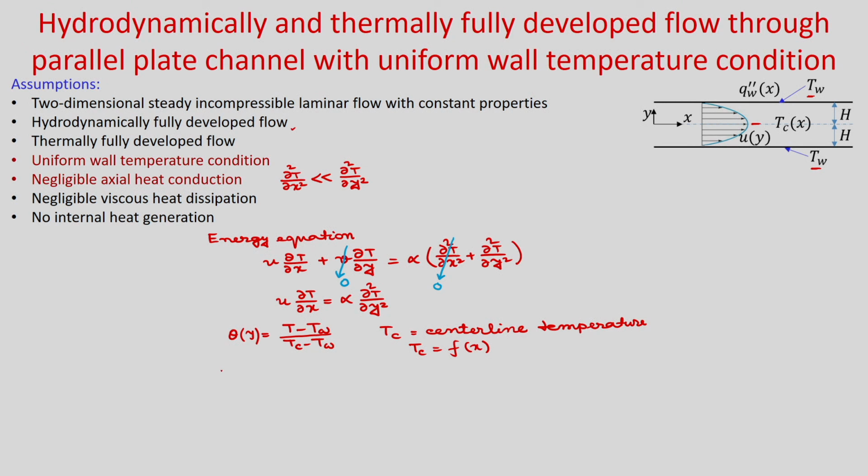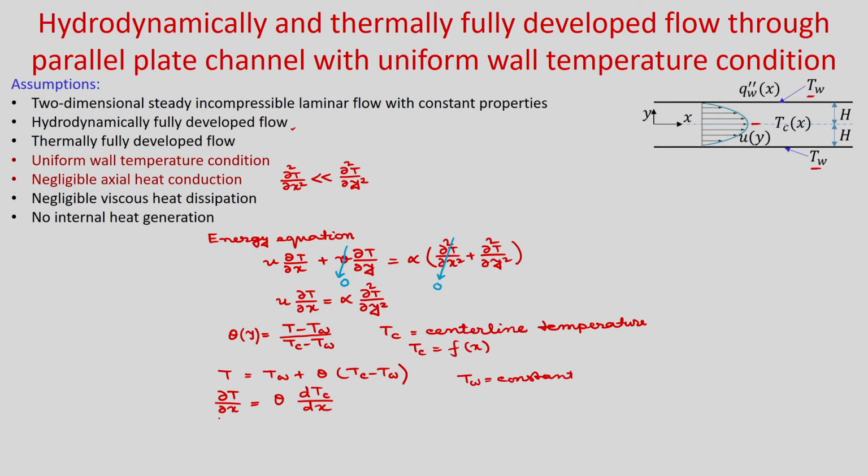Now, from here you can write T as T w plus theta into T c minus T w. So, del T by del x you can write as theta times d T c by d x, since T c is a function of x only and T w is constant.